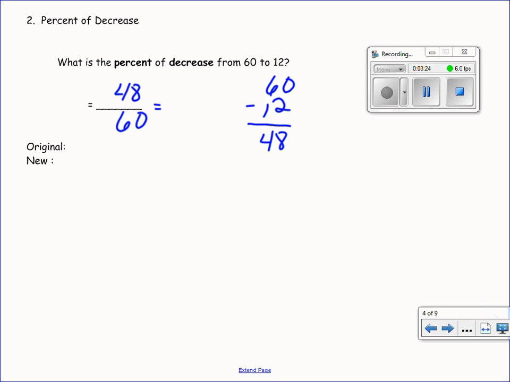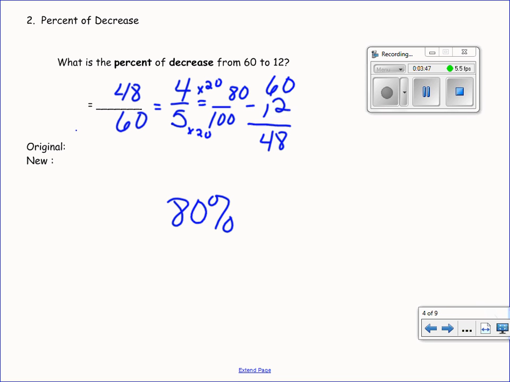Then you simplify to 4 over 5. Again, we're trying to determine what the percent of increase or decrease is. This is a decrease. 5 times 20 is 100, so 4 times 20 is 80. So there was an 80% decrease.